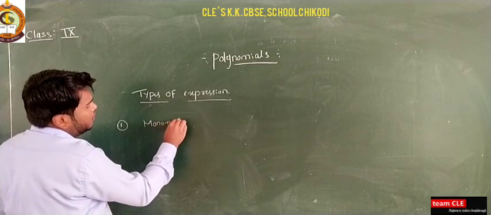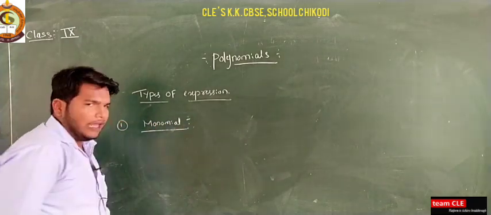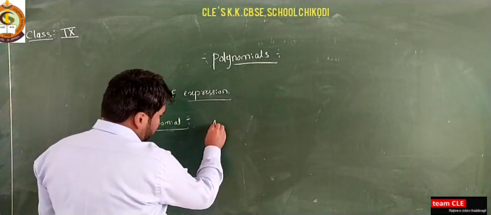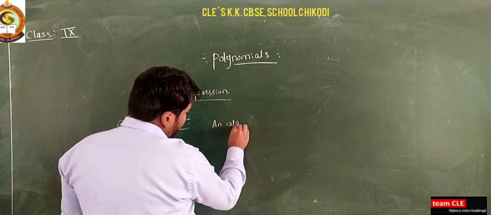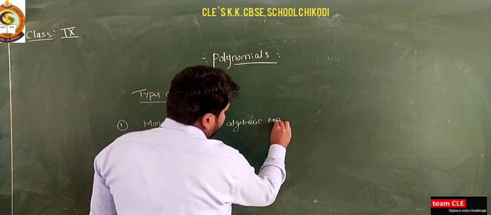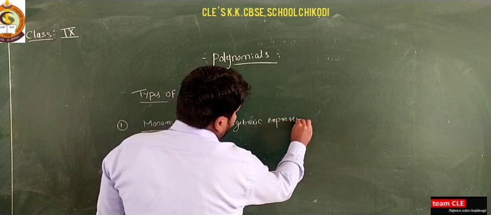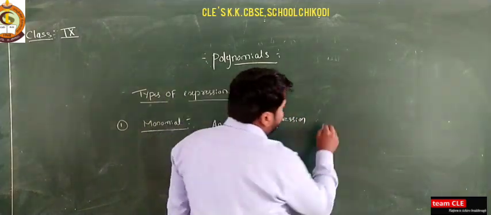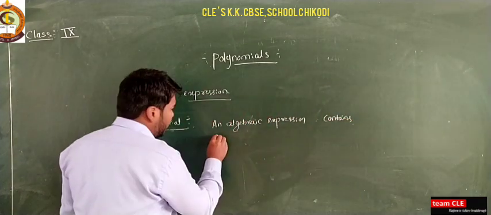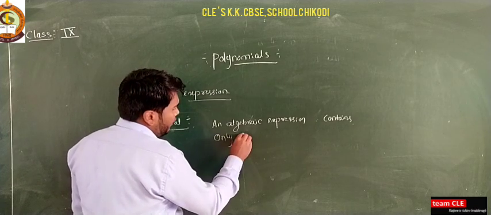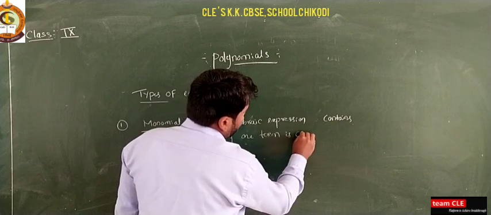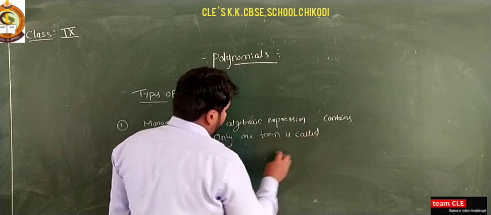What is a monomial? The definition says an algebraic expression containing only one term is called a monomial.